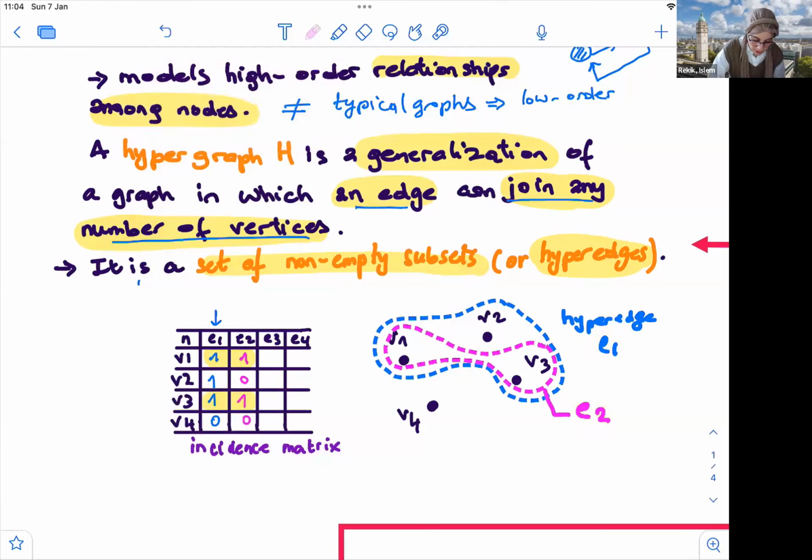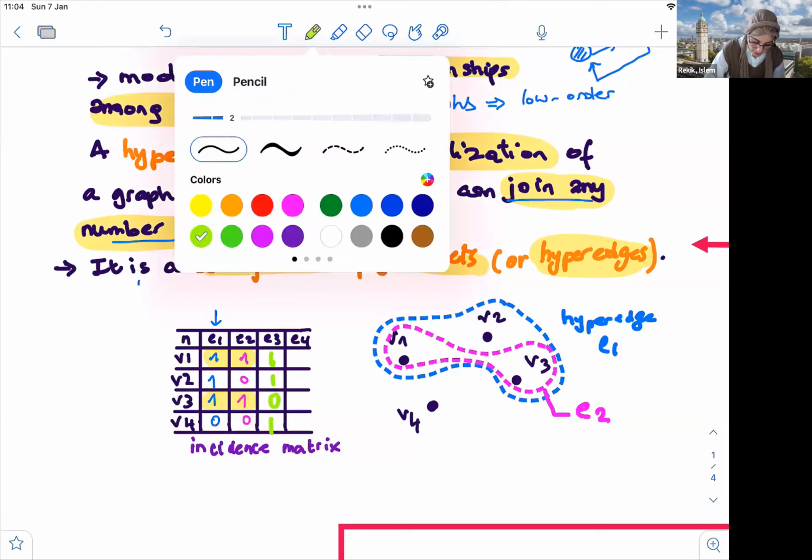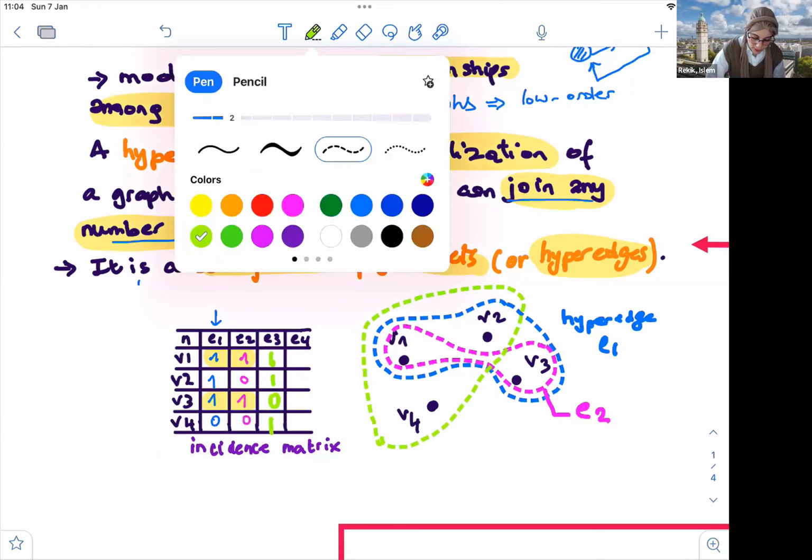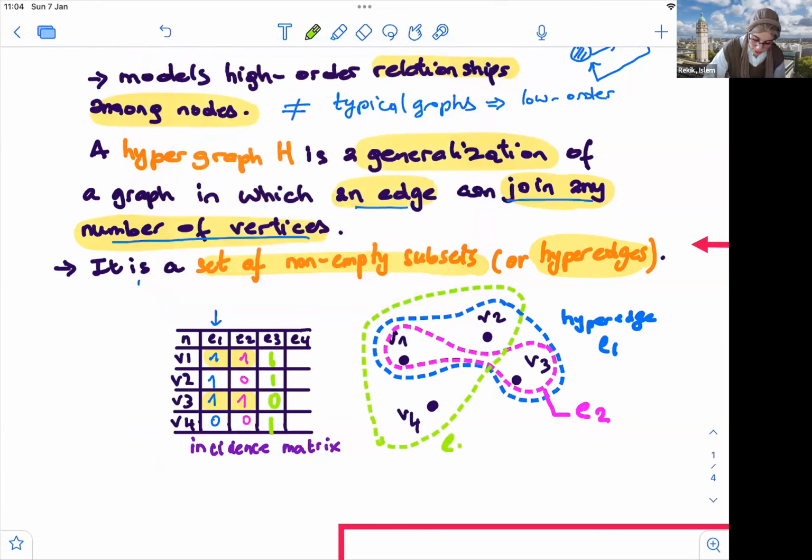Now let's do another example so you can see. It's very easy. So now we're going to do V1, 2, and 4. If we do that, this is our third hyperedge, and let's call it E3. Okay, so you can basically do this multiple times. You can see there are overlaps now between sets.